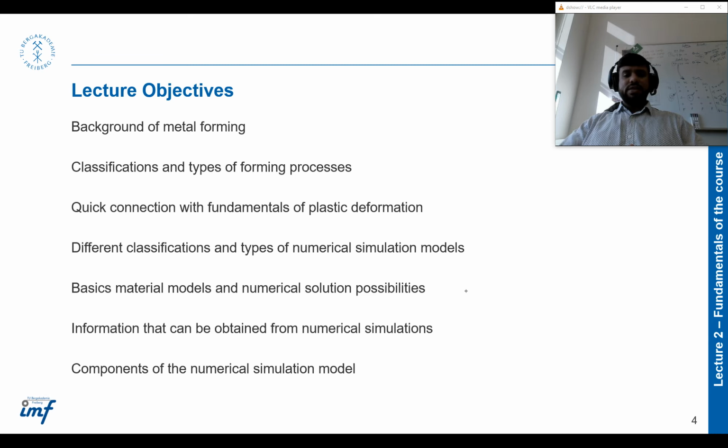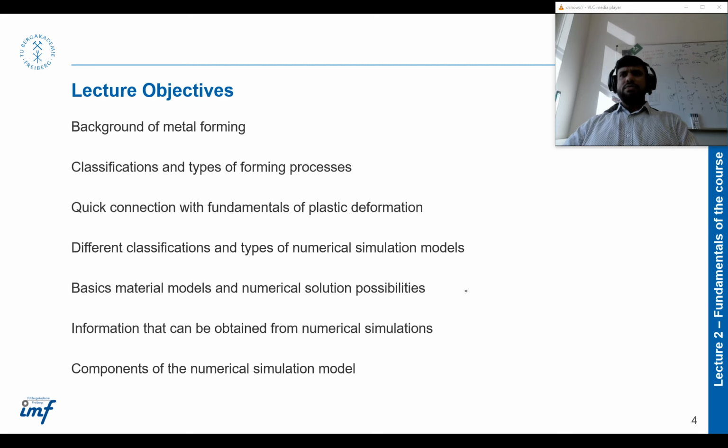After understanding this, we will move towards the different classifications and types of numerical simulation models, where we will go through different approaches of modeling a process, to give an overview of the different possibilities and what can be done. Then we will also talk about basic material models and numerical solution possibilities, and in the end we will look at an example of the kind of information that can be obtained from numerical simulations.